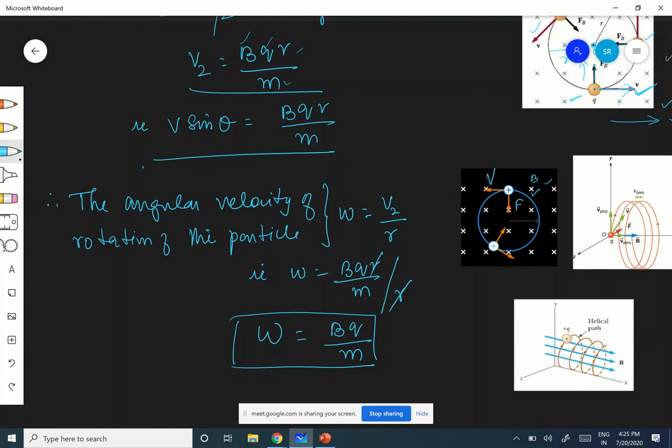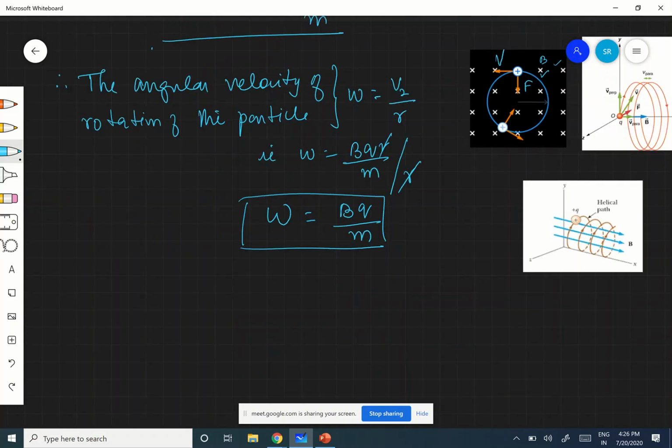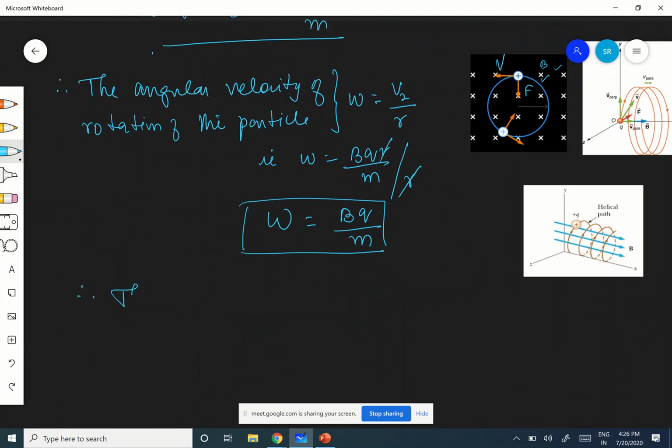Okay, angular velocity is fine. Now, I want to find out the frequency of rotation. How many circular revolutions it traces per second. Are you following? Therefore, the frequency of rotation of the particle, because it is moving in a circular path, how many revolutions it is tracing per second, that is nothing but frequency, right?